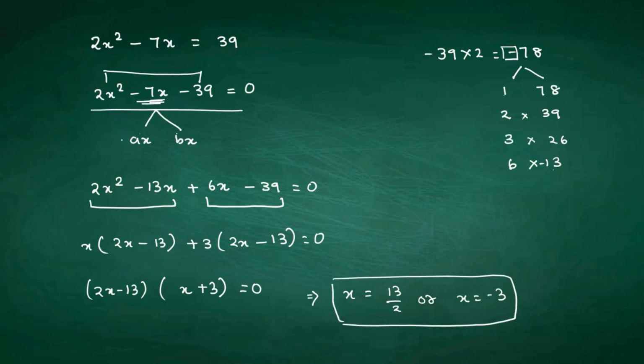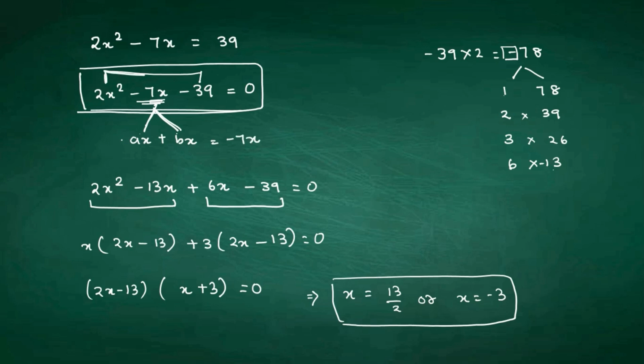So let's just go through it again. What we did, we have kept everything on the left hand side and we obtained this expression. Now the middle term has to be splitted into two terms such that the addition of these two terms will be equal to minus 7x.